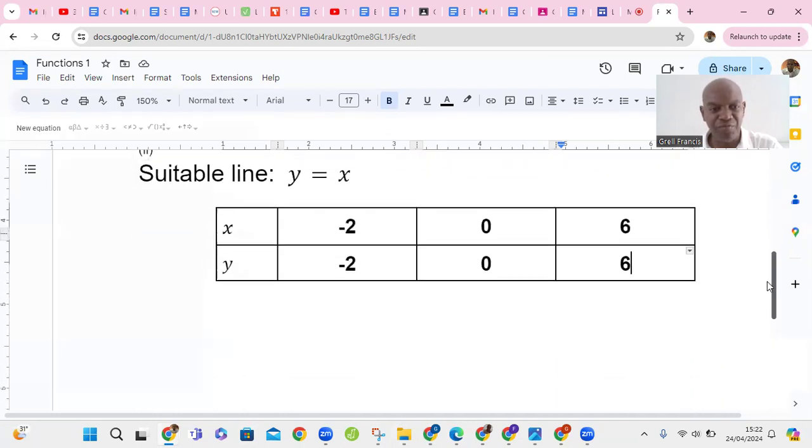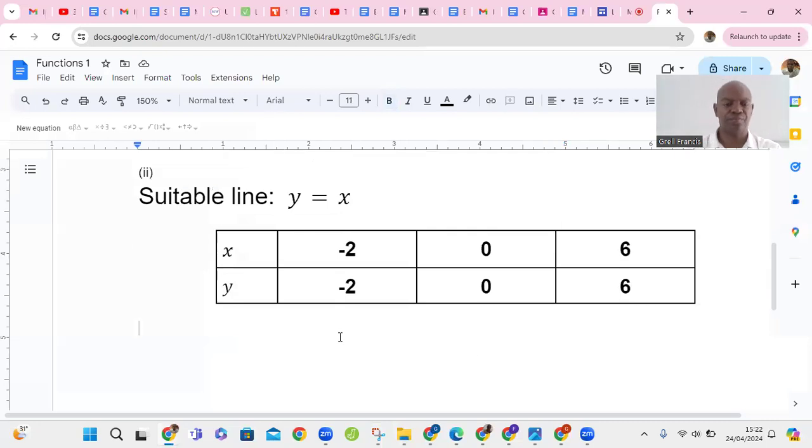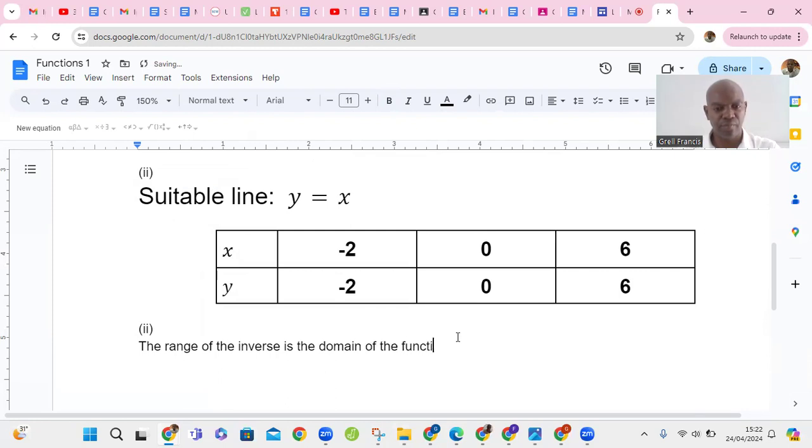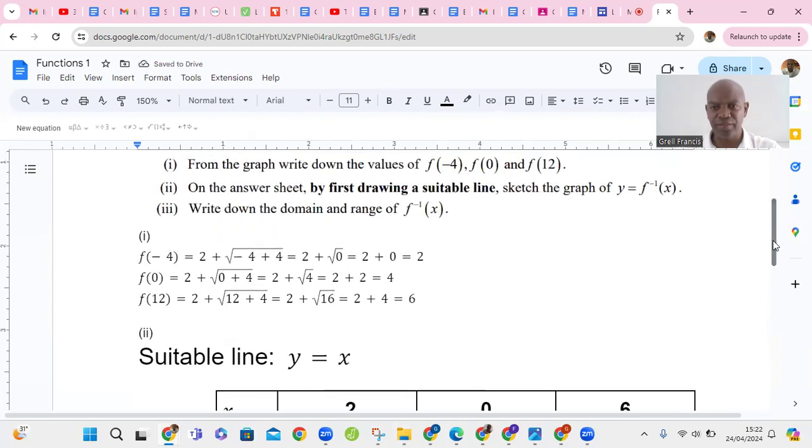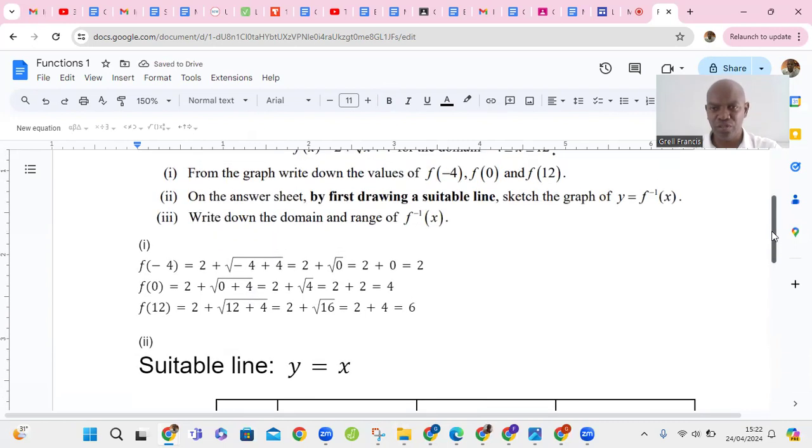So the range of the inverse is the domain of the function, and the domain of the function is from -4 to 12.